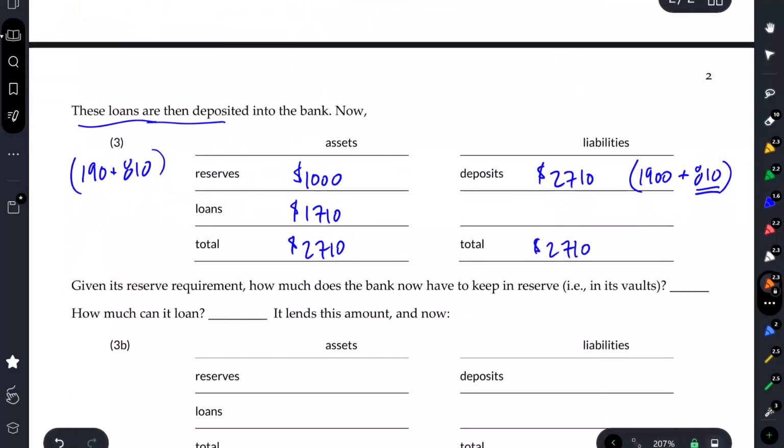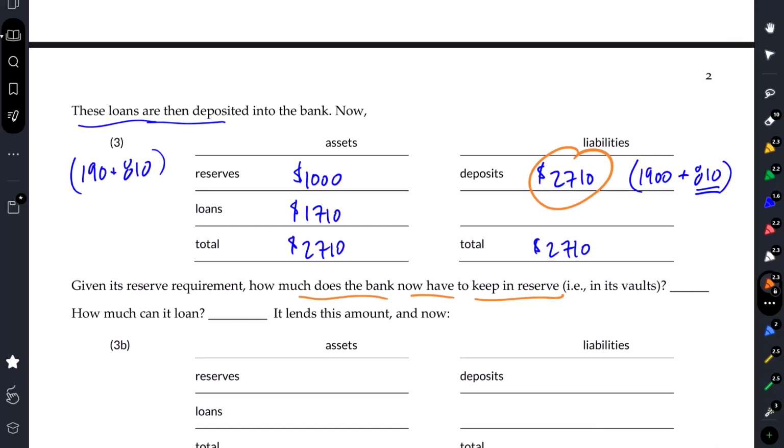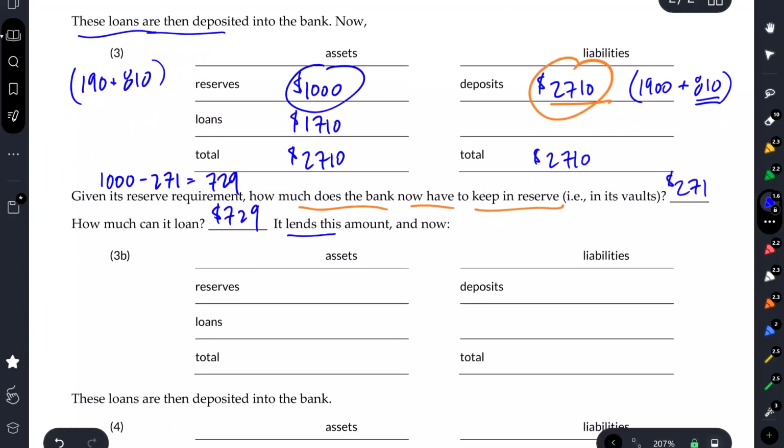Okay, but however, since this figure has gone up, how much does the bank now have to keep in reserve? 10% of 2,710, so that's going to be $271. It has 1,000, so it can loan out the difference, 729. Okay, and so let's say that it does. In that case, its reserves are going to drop to what we just figured out here, 271.